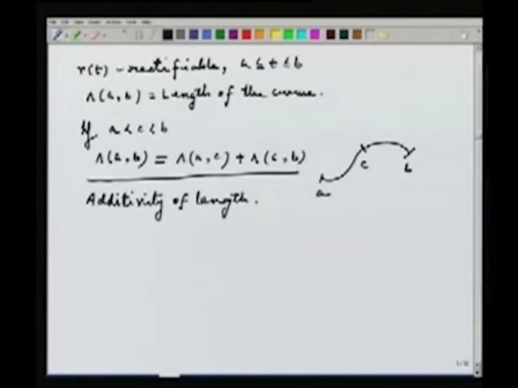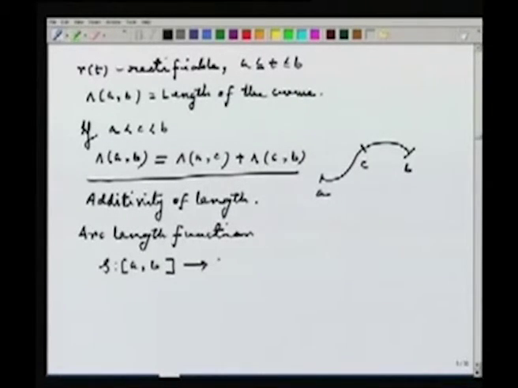Okay. The next is the arc length function. How does one define the arc length function? I call this function S. It is a function from [a, b] to R defined as follows.